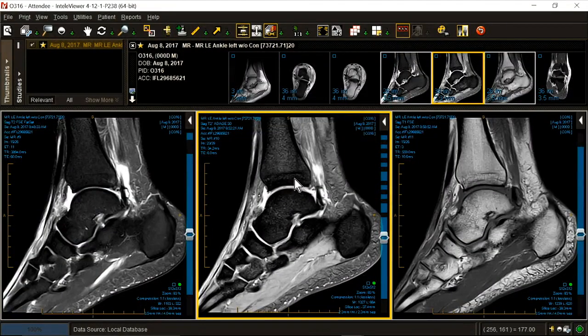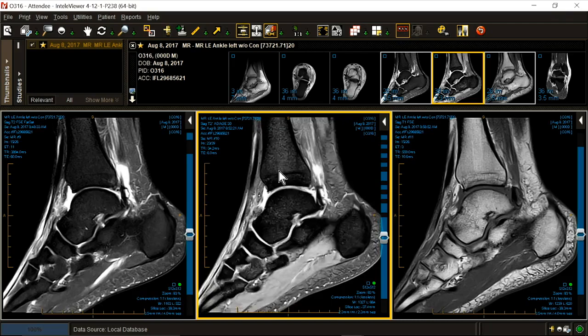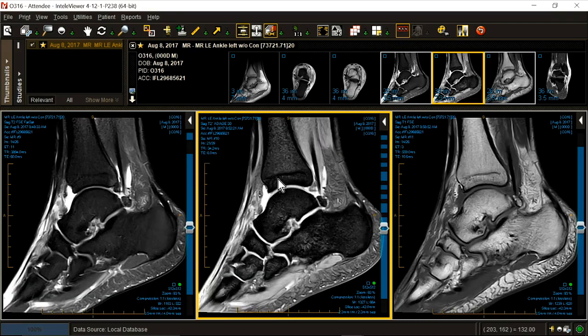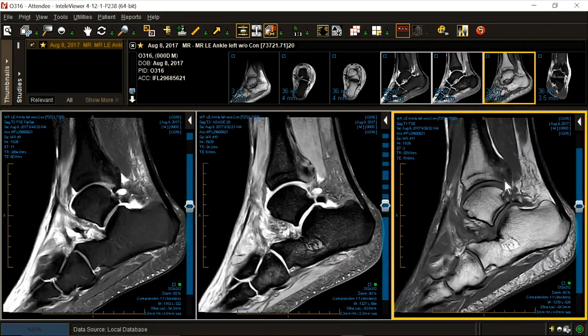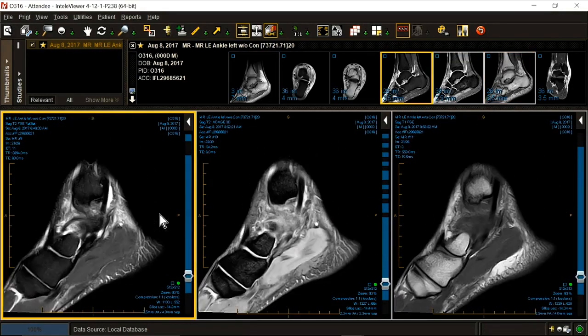This was done on a Hitachi Oval, 1.5T. On the left, PD, actually T2 fat suppression. In the middle, additive gradient echo. On the right, T1. Let's play.